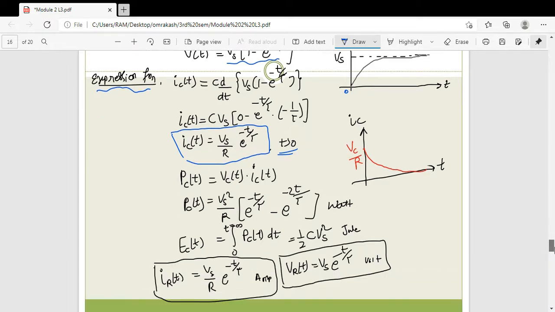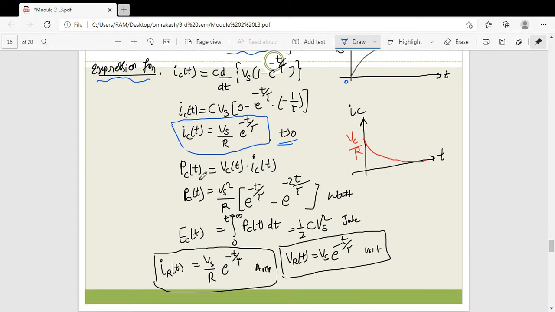Now similarly, you have to calculate power across this capacitor. Power P is equal to V of C into I of C. Similarly, put the value of this Vc and Ic and solve the circuit, and you will get the power as this equation.